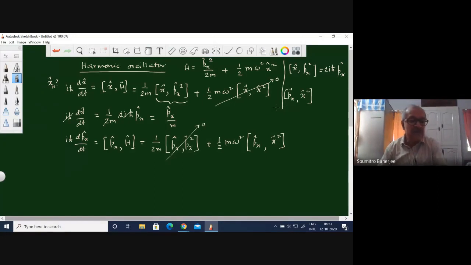So this is equal to minus twice i h cross x. So the whole thing becomes simply half m omega square into twice i h cross x, and the twos cancel off.